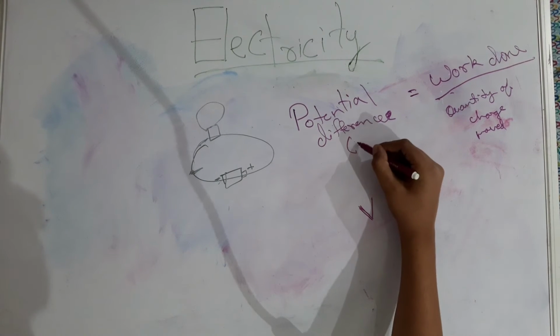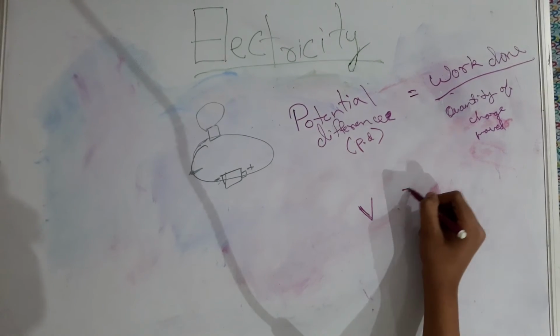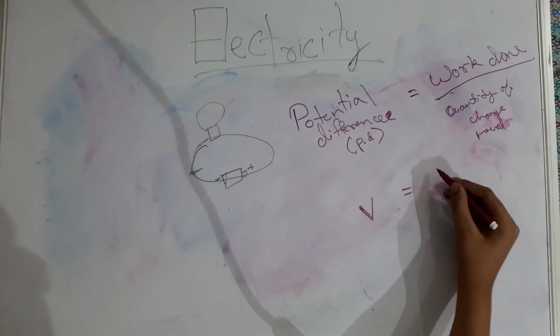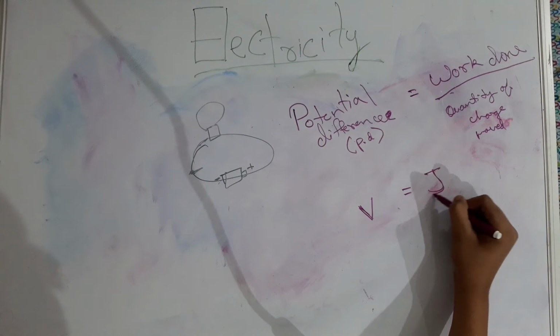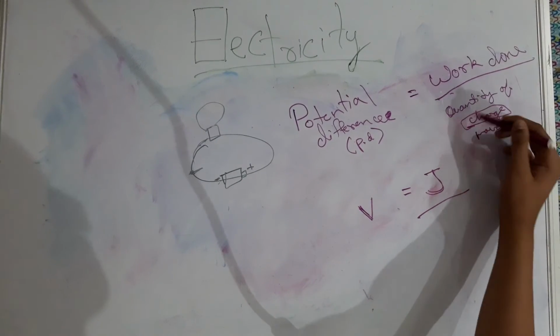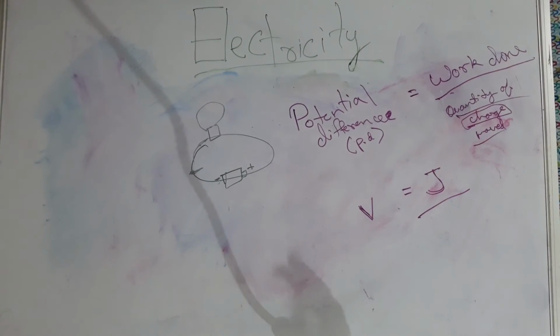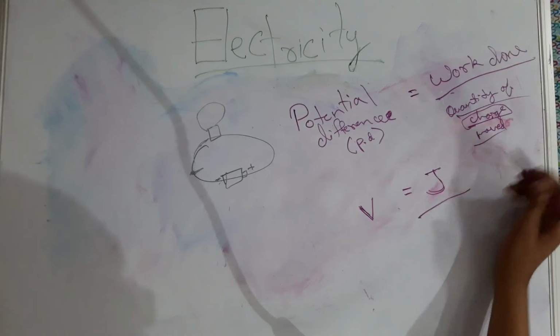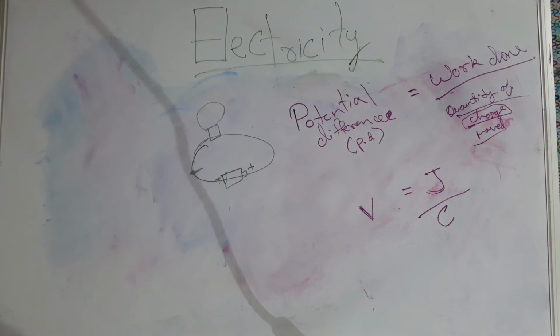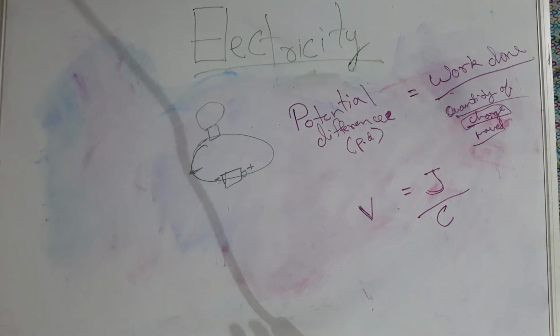Potential difference, you can also write it as PD. And the SI unit for work done, as we know, is joule. And the quantity of charge moved, just remember this as charge. Charge is in coulomb. We have studied coulomb in the previous video. So this is potential difference.